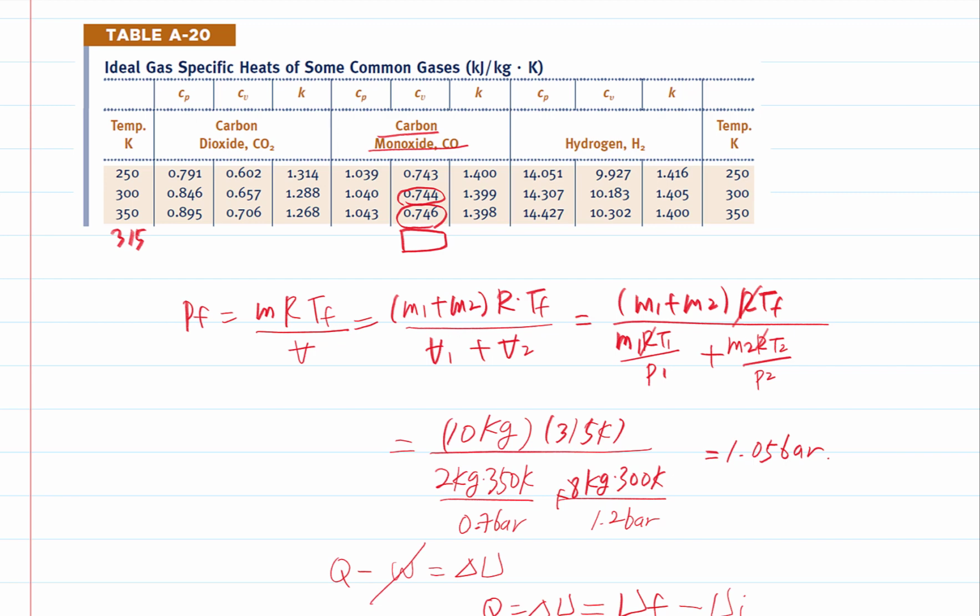There are two ways to calculate Cv. First, we take the average of Cv at two different temperatures. That's one method. The second method is to take the average temperature of these two, which is 332.5 Kelvin, and take the Cv at 332.5 Kelvin by interpolating the values between these two.